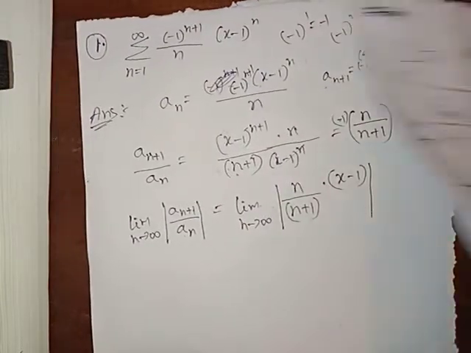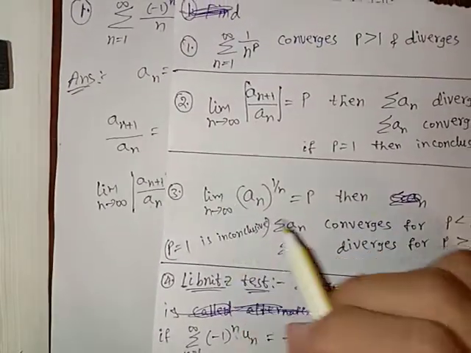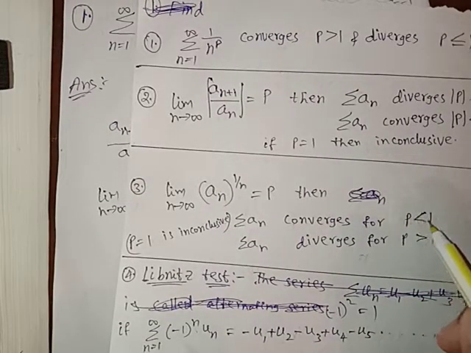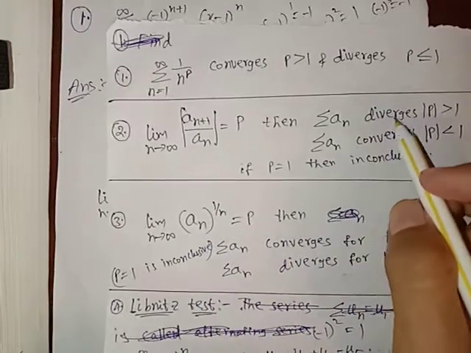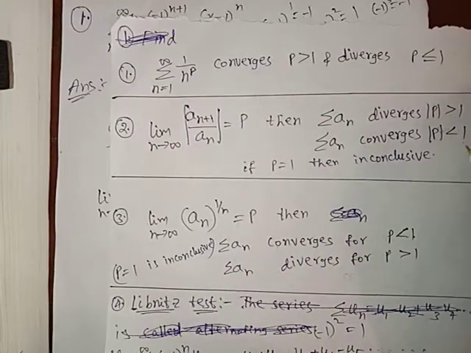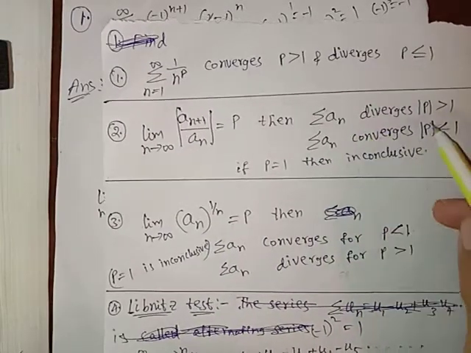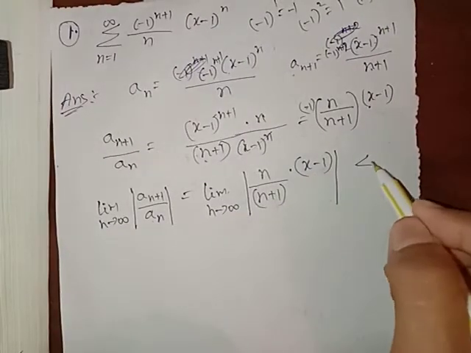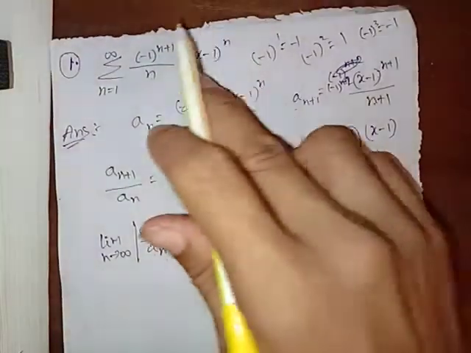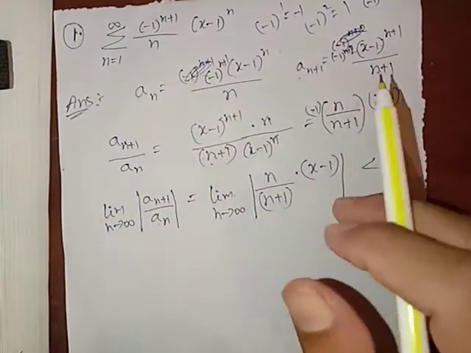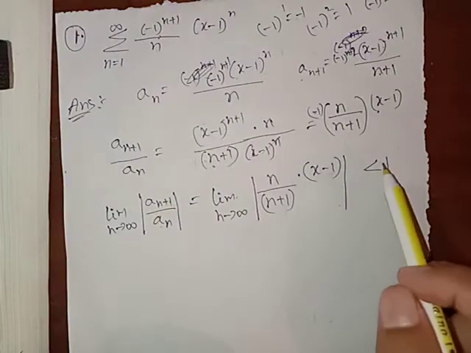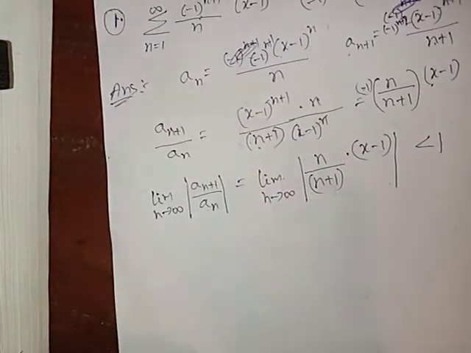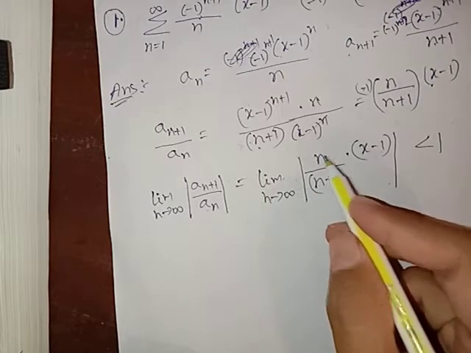So for the series to converge, we know that the modulus of p is less than 1. That means this is less than 1. To converge this series, this is less than 1. As limit n tends to infinity, what does this become?